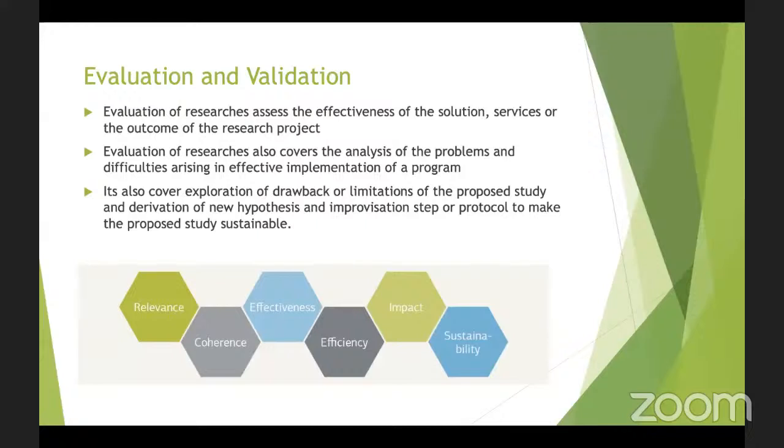So now what they will do is they will make a new hypothesis, they will improvise some steps or protocol, and then try to make the proposed study sustainable. So they will try to make some new vaccines that will cover those strains as well.